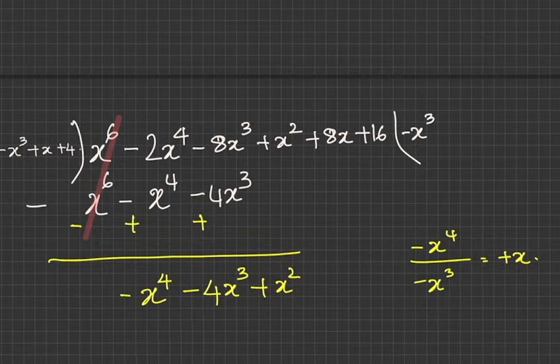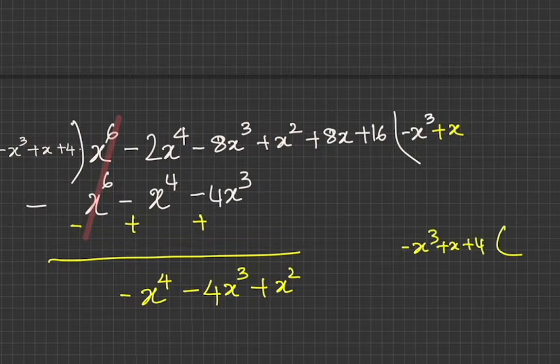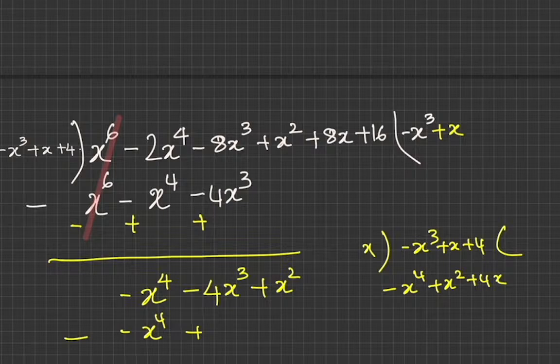So this is going to be my second term in the quotient. Now I'm going to multiply x by negative x to the power 3 plus x plus 4. So this is what I get: negative x to the power 4 plus x squared plus 4x.